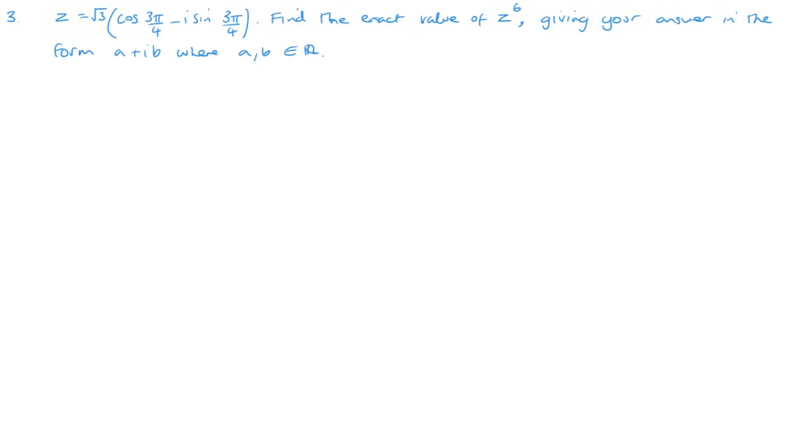So again, similar to question 2, but we do have a negative value inside our brackets. So we need to change this to a minus 3 pi by 4 in terms of the angle, because that's where it works with Euler's relation.